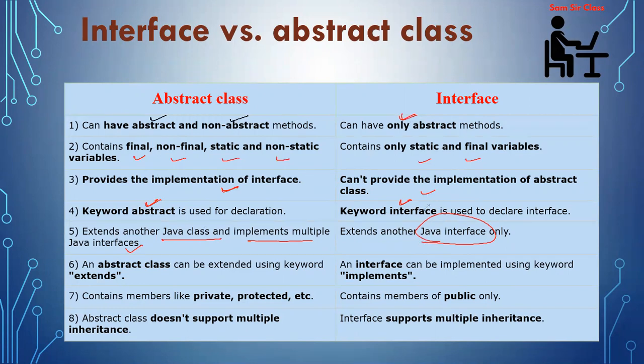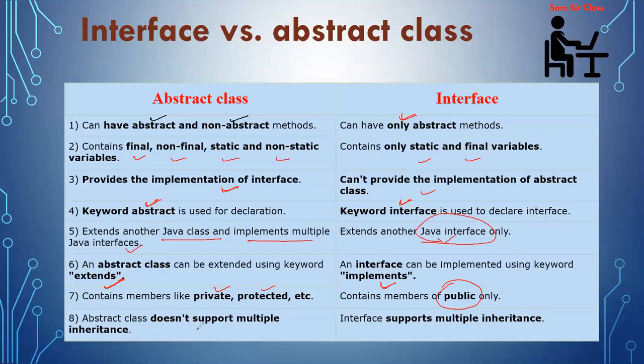The interface can only extend another interface. Now, abstract class can be extended using the keyword extends because of inheritance. But here, the keyword you have to use is implements. It contains members like private, protected, default, everything. But interface will only contain public members.